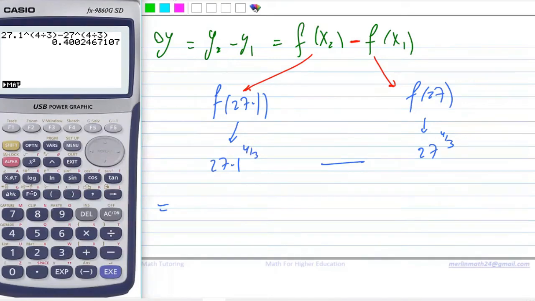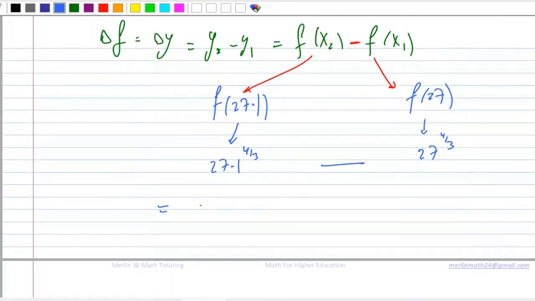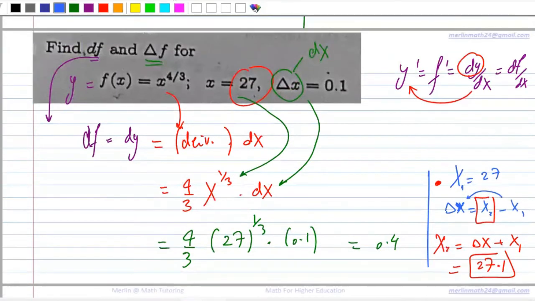So that is your answer. You can say rounded to two places, 0.4. But you mentioned rounded to two places, okay? Any question? So that is your answer for delta f.